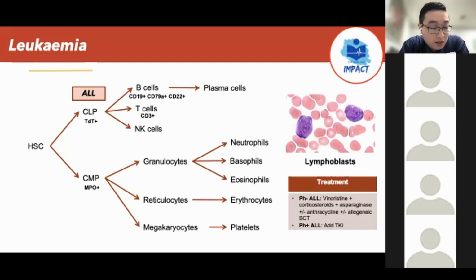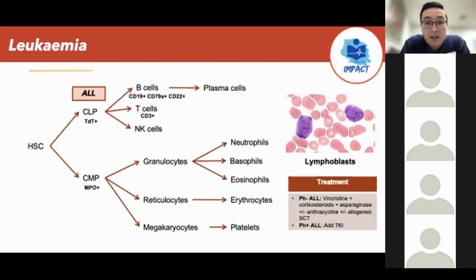And vincristine, do people know? So vinca alkaloid. There are two main vinca alkaloids, vincristine and vinblastine, both of which are very commonly used in chemotherapeutic regimens. Do people know what the main side effects are of vinca alkaloids? Peripheral neuropathy. Yeah, great.